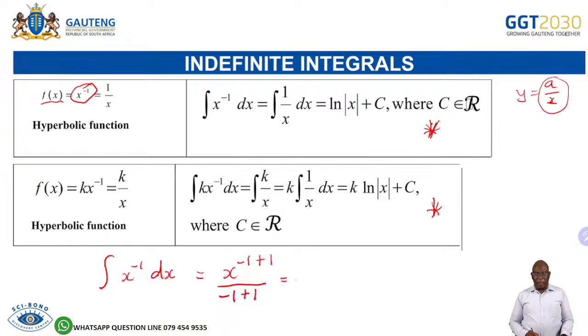In this case, it gives me x to the power of 0 all over 0. Oh, now I have a problem, dividing something by 0. Division by 0 is not allowed. In technical maths, we cannot divide by 0.